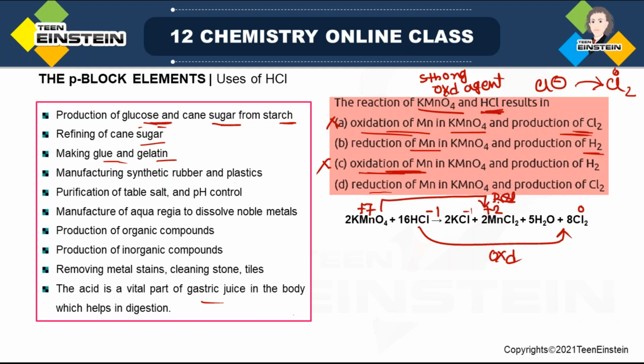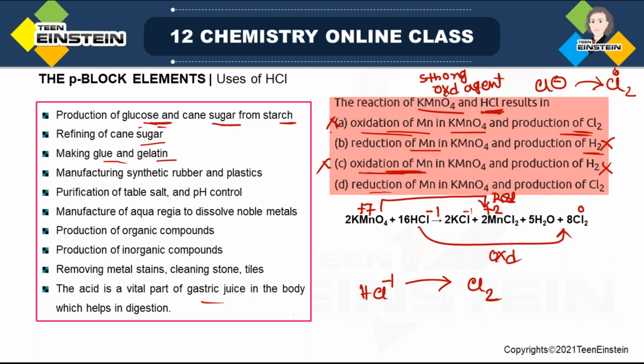So even without knowing the balanced equation, just apply the basic knowledge that KMnO4 is a very strong oxidizing agent. So Mn from the +7 state must be in a reduced state, from +7 to +2. And in HCl, where the oxidation state of chlorine is -1, it must be losing electrons and converted to chlorine. So here hydrogen gas cannot be produced. These two are not correct.